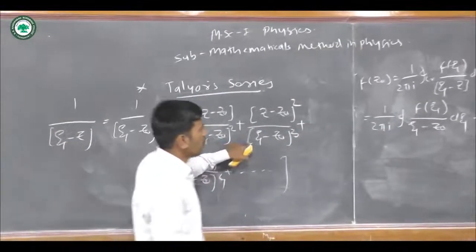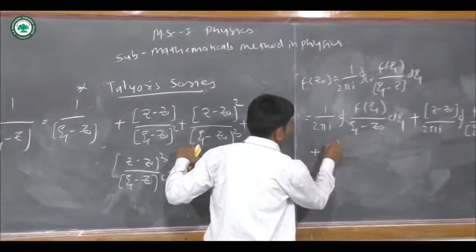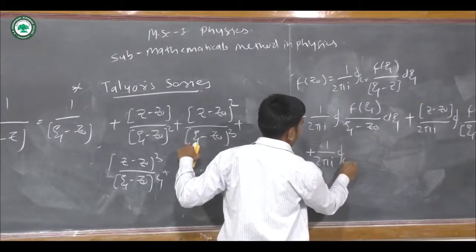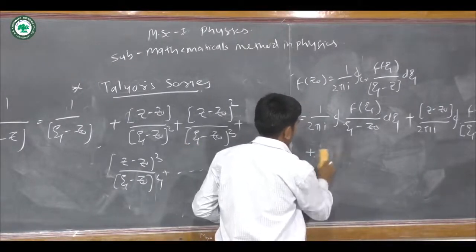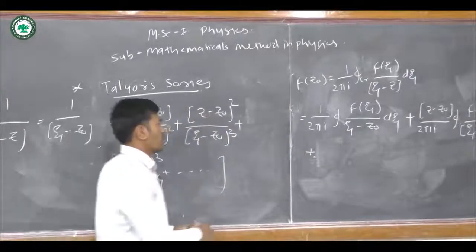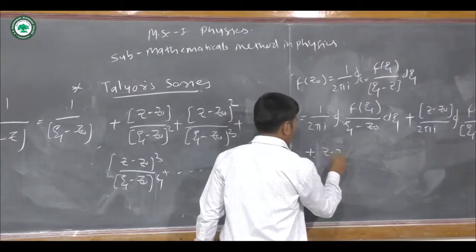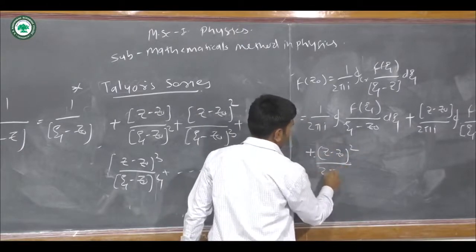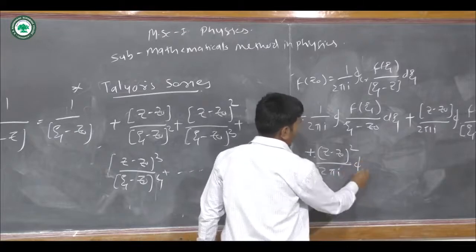Now if I write for the third term, so it is 1 by 2 pi iota closed CR. Sorry, here also we can take out the common, that is z minus z naught square divided by 2 pi iota closed CR.